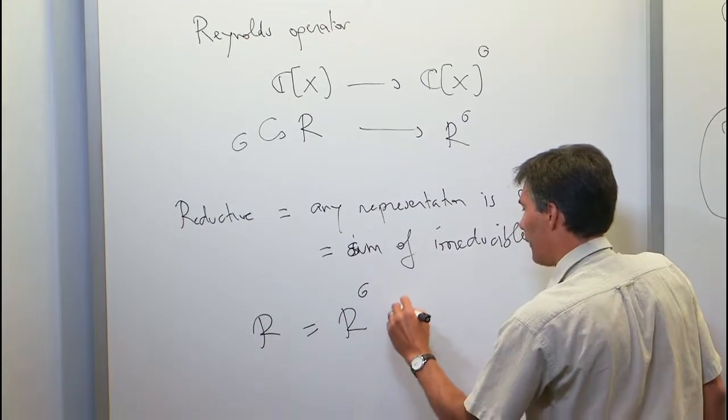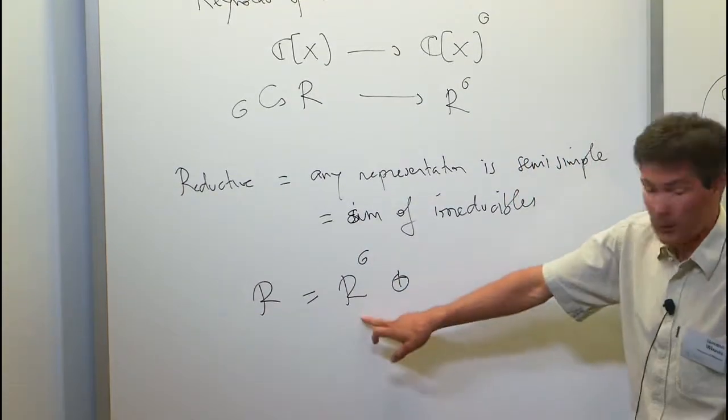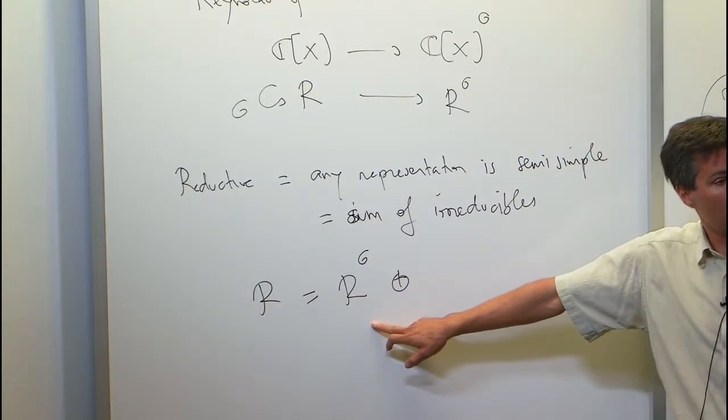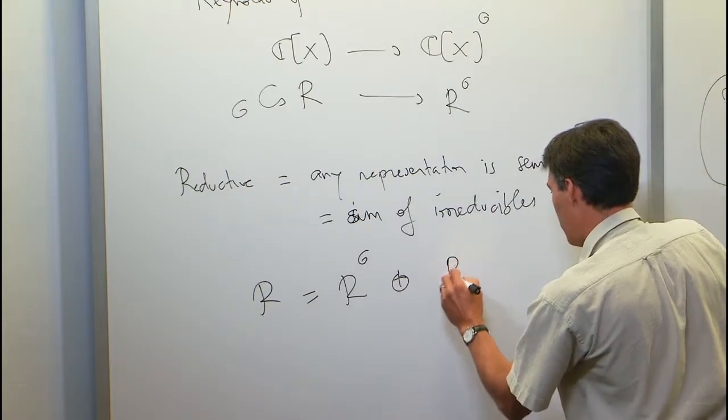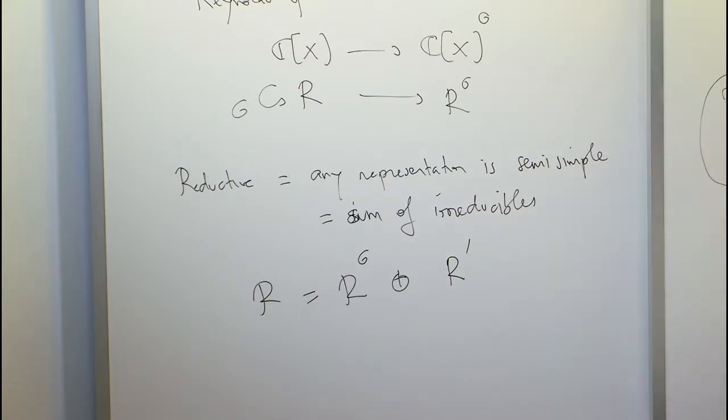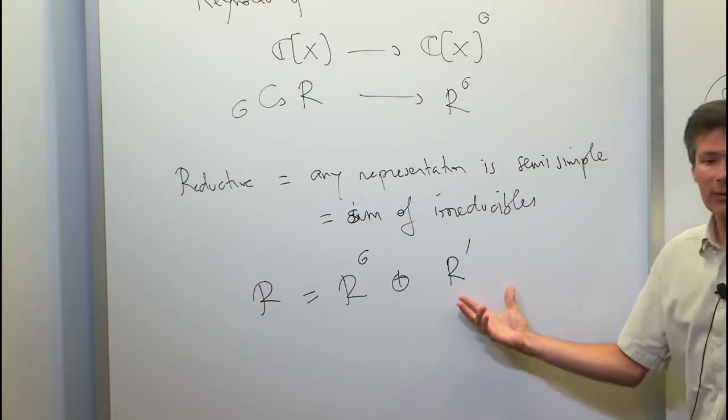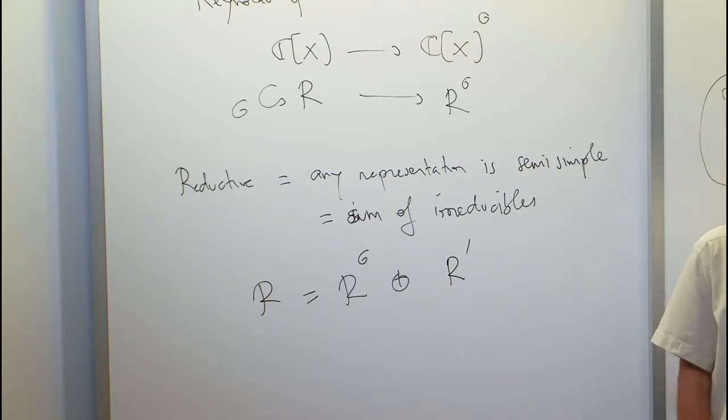There is a direct sum of R into one part being the subalgebra of invariants, and we have a direct factor R prime, which is the direct sum of all the non-trivial irreducible representations.